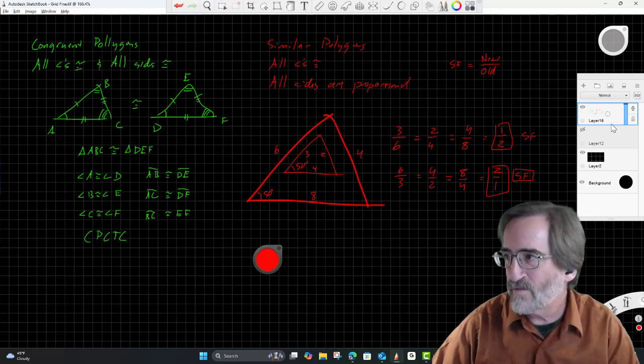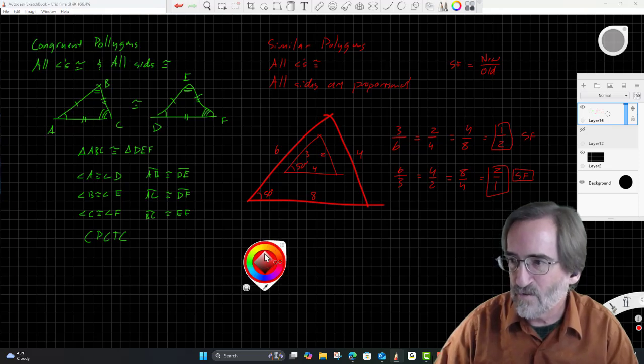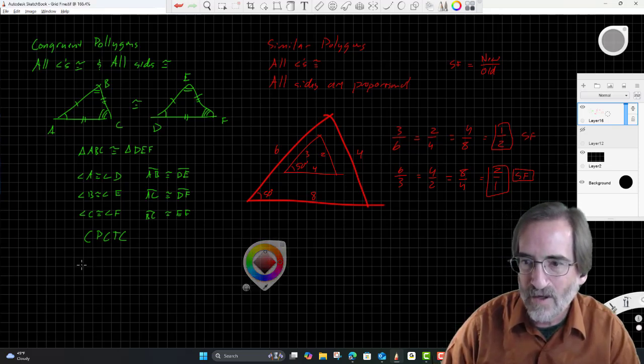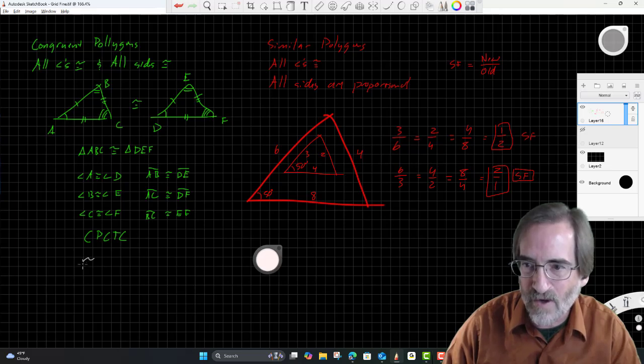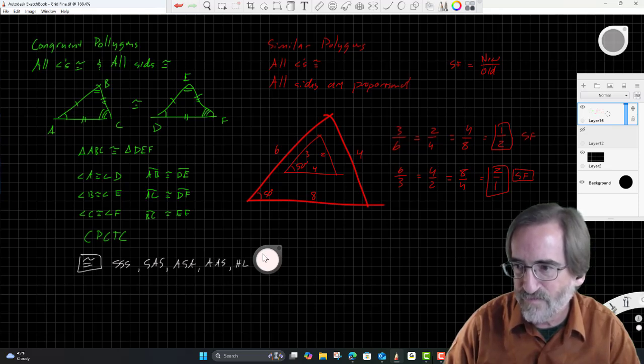Oh, a little bit of review here. Again, comparing triangle congruence and triangle similarity. For triangle congruence, we had the following postulates: side, side, side; side, angle, side; angle, side, angle; angle, angle, side; and hypotenuse leg.